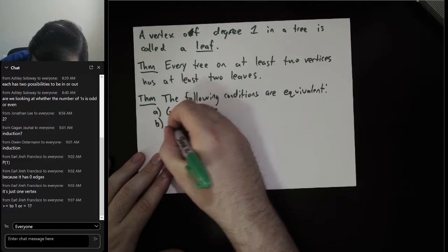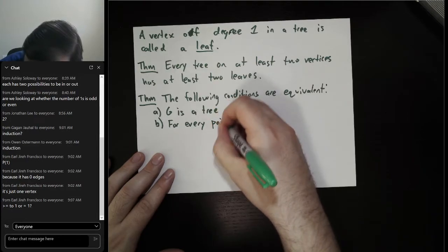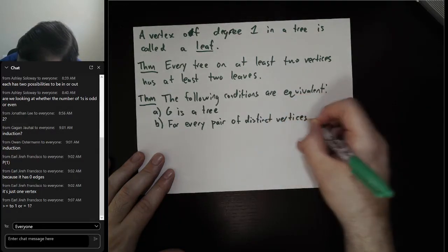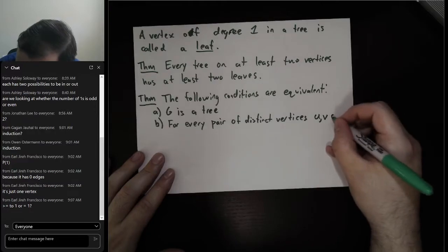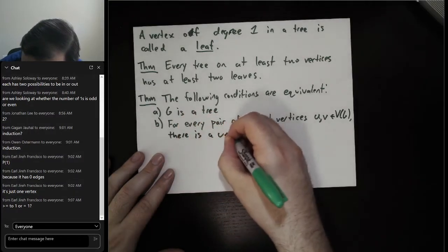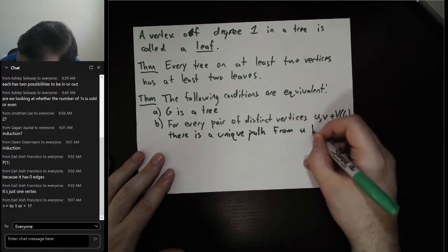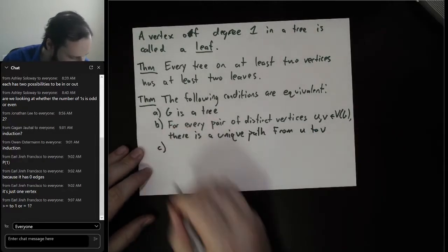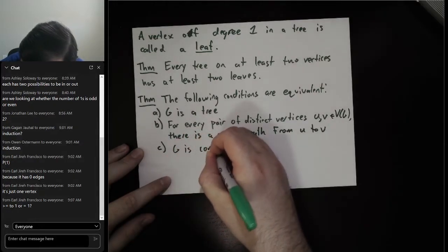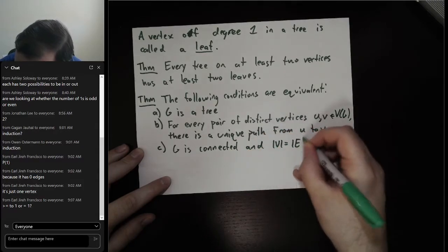B, for every pair of distinct vertices U and V in the vertex set of G, there's a unique path from U to V. C, G is connected and the number of vertices is the number of edges plus 1.